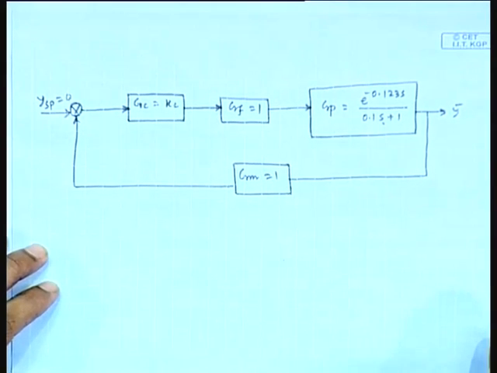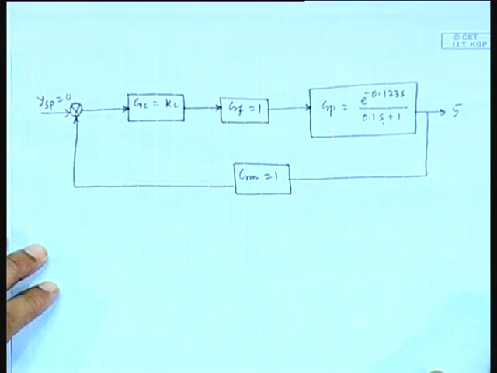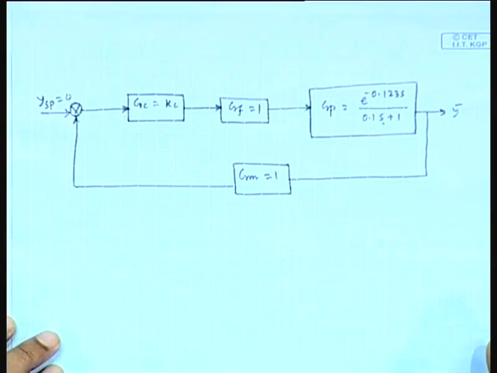Here we are simply connecting the measurement signal with this comparator. So, this is the closed loop system.